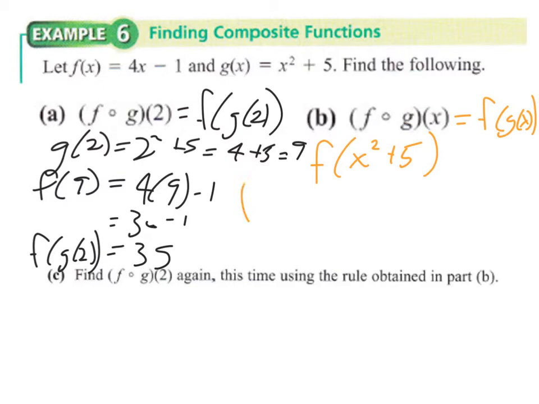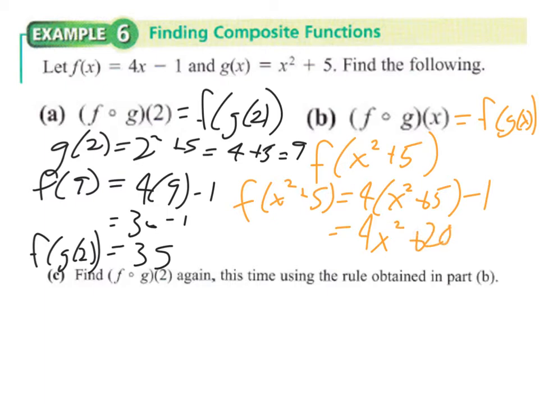So when I do that, f of x squared plus 5 will be 4 times x squared plus 5 minus 1. So we get 4x squared plus 20 minus 1. So that will end up being 4x squared plus 19. So I know f of g of x.